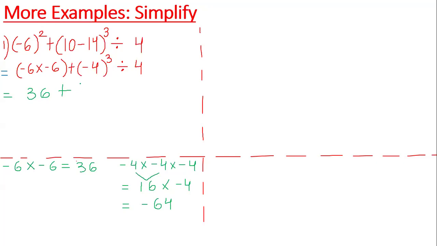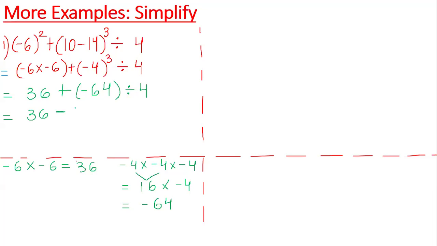So that means this is open bracket negative 64 divided by 4. Now we have 36, and we know that a positive times a negative is a what?